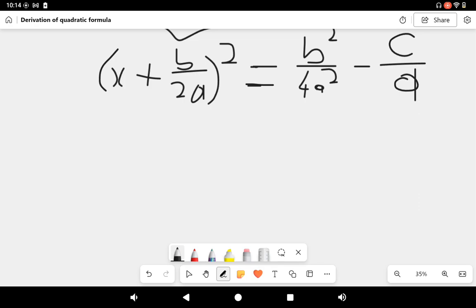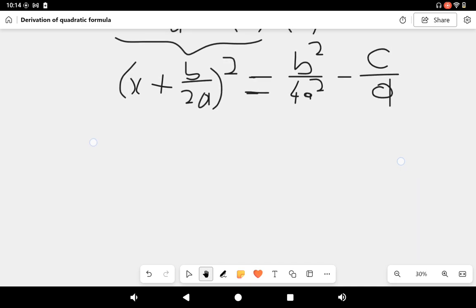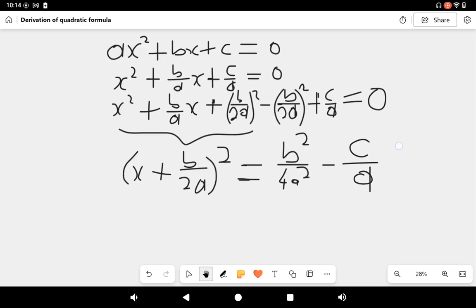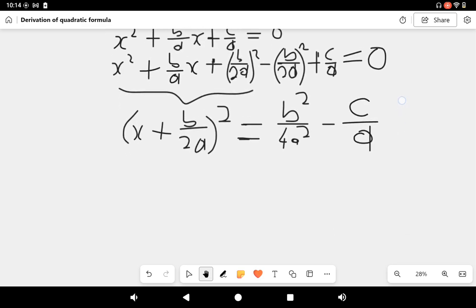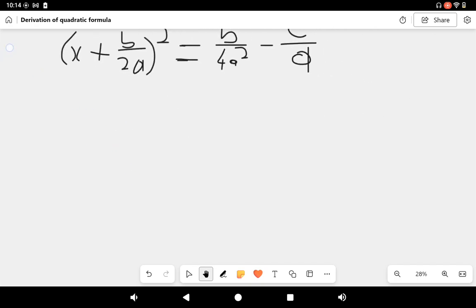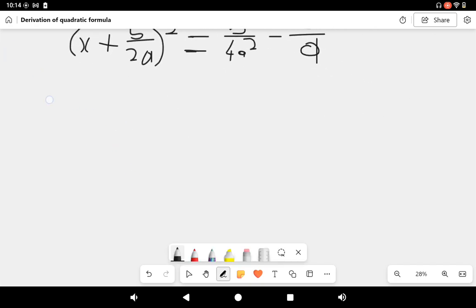Okay, this is what I'm gonna do from here. From this step here, if you check, so far how many steps have I written? It's basically 3 steps from the original one, right? So from here I'm just gonna solve for x, making x the subject of the formula. How am I gonna do that? I'm gonna remove the square from the right hand side by using a square root.